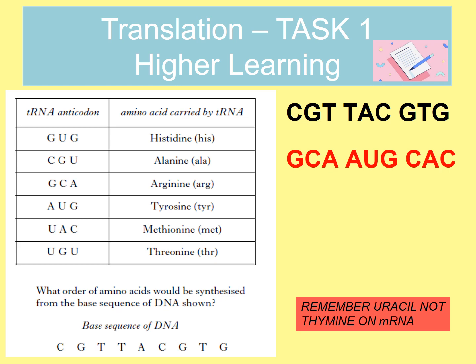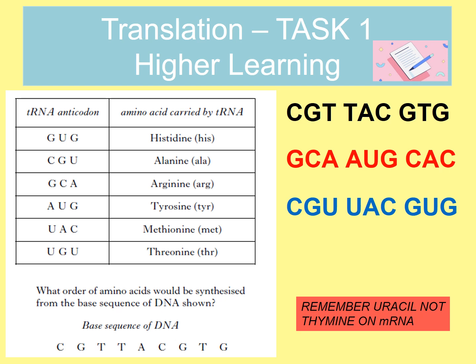What we then need to do is figure out the complementary anticodons that would appear on a transfer RNA molecule. And they would read as CGU, again remember adenine to uracil because it's RNA, UAC, GUG. And the last step is now to figure out what the translation would be.